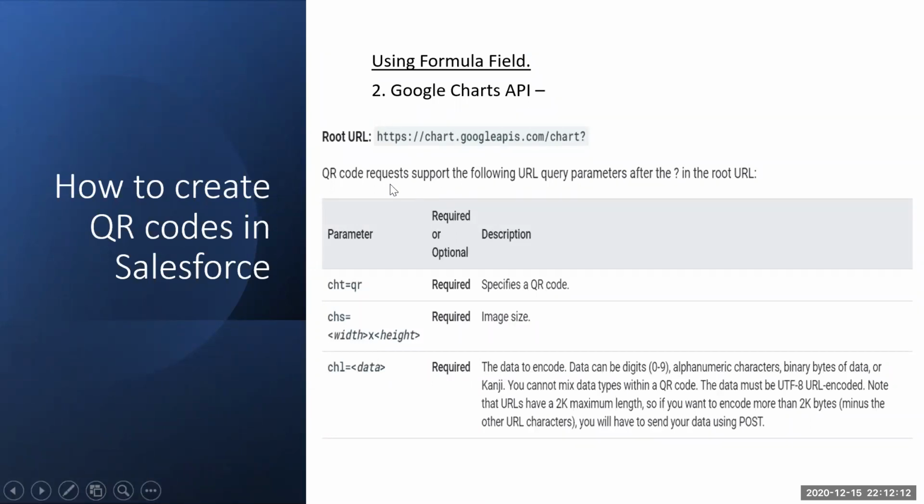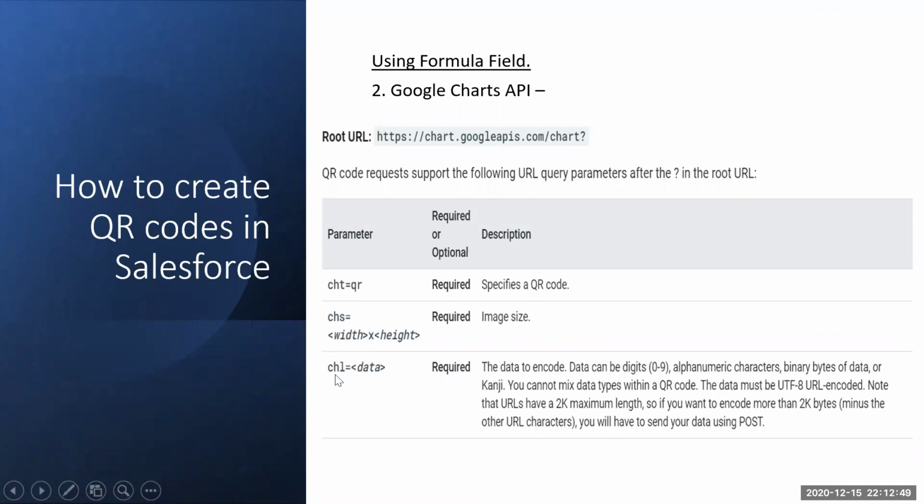For QR codes, the following parameters are going to be used. The first one is CHT, short for chart type. It's going to be QR for QR codes, and this is not an optional parameter, it is required. Then you have your chart size, CHS, and you give your width and height. Whatever dimension you want your QR code to be, you can specify within this CHS attribute.